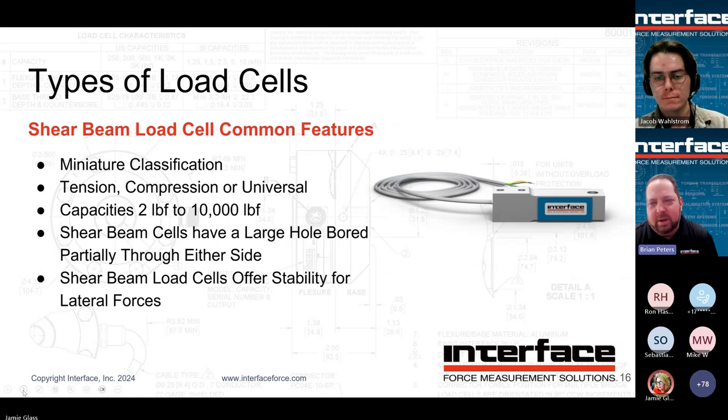So shear beam, also common. These are pretty compact, especially from a vertical standpoint when you integrate them into a setup. Relatively stiff, but good high strength and easy to seal. So they lend themselves well for various weighing applications, scale type applications, or if you just need something that is relatively compact and small for relative load capacity.